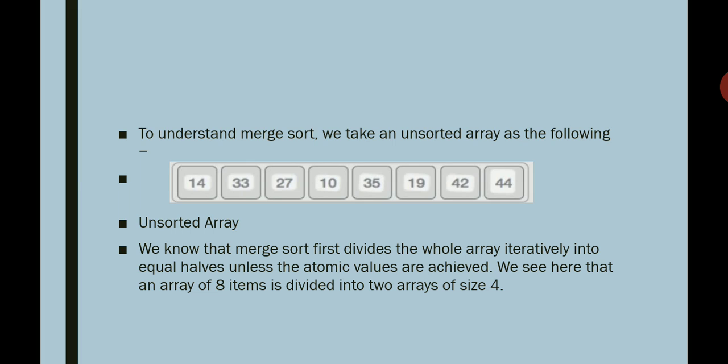The first one is divide the problem into its subproblems. That means divide the 8 elements into halves, so we get 2 sublists containing 4 elements each. Then solve the problem. At last combine the solutions. So we get the final sorted list.